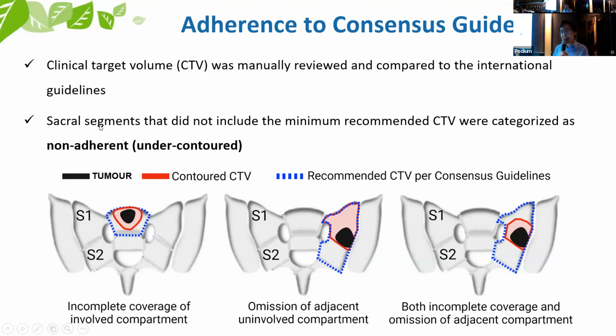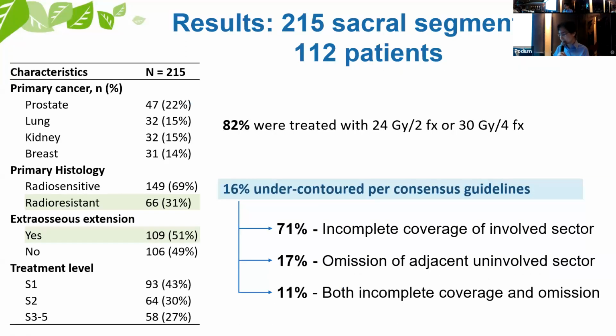Sacral segments that did not include the minimum recommended CTV were categorized as non-adherent or under-contoured, with under-contouring further stratified into incomplete coverage of involved compartment as exemplified on the left, omission of adjacent and involved compartment, or both incomplete coverage and omission of adjacent compartments.